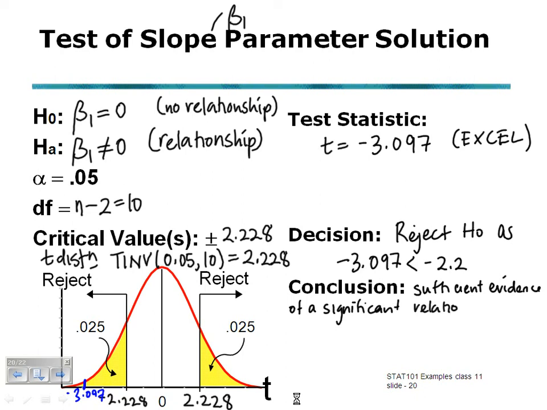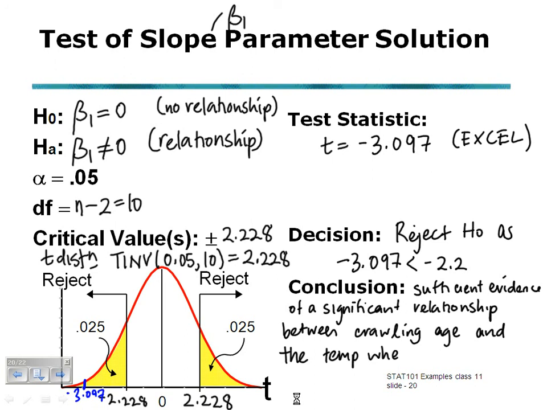We have sufficient evidence of a significant relationship between the age the baby starts crawling and the temperature when the baby first starts to crawl. Always put the conclusion in the context of the particular problem.